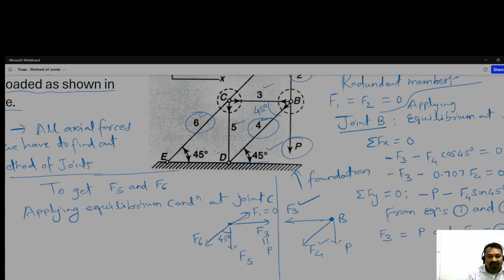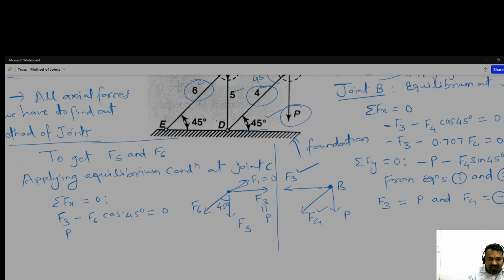So by satisfying the equilibrium condition, meaning summation of Fx is equal to 0, we get F3 minus F6 cos 45 degrees, which is equal to P minus F6 multiplied by 0.707 is equal to 0. This we can write as P minus 0.707 F6 is equal to 0. So this is the third equation.